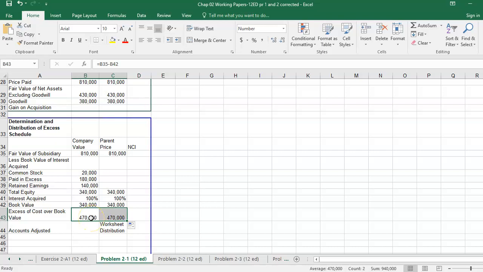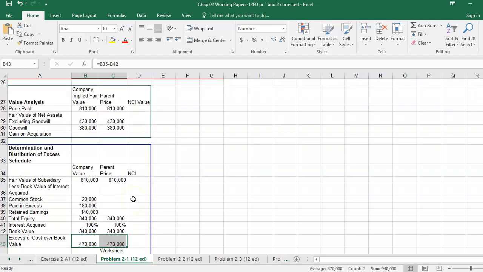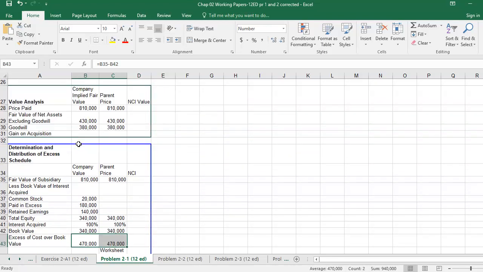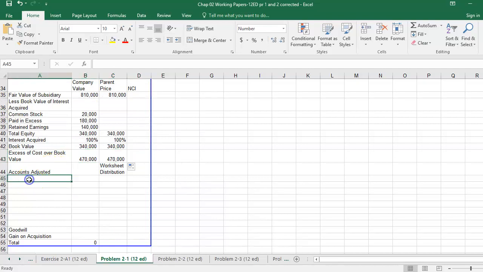Okay, now what we have to do is account for this 470. Where is this all going to go? Okay, and it's going to go into these accounts whose fair values are more than their book value. All right, so we're going to have inventory, land, buildings, and equipment.